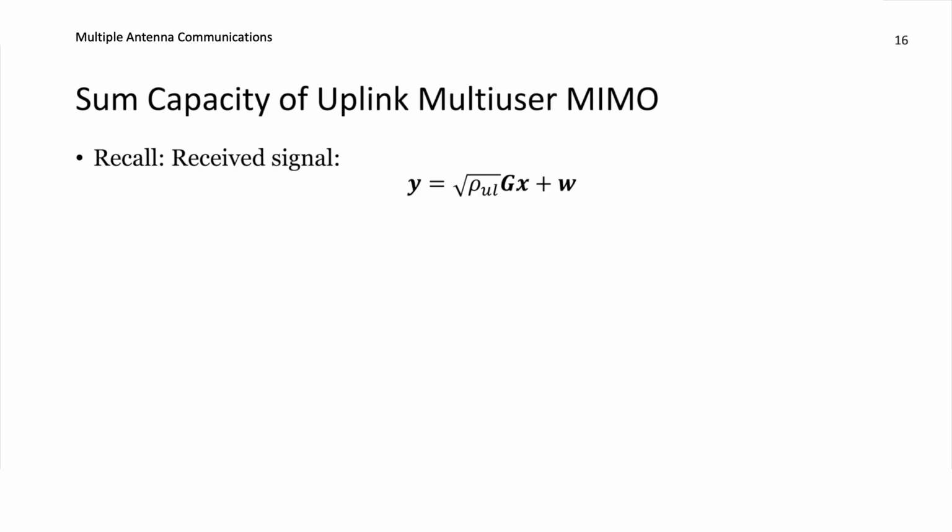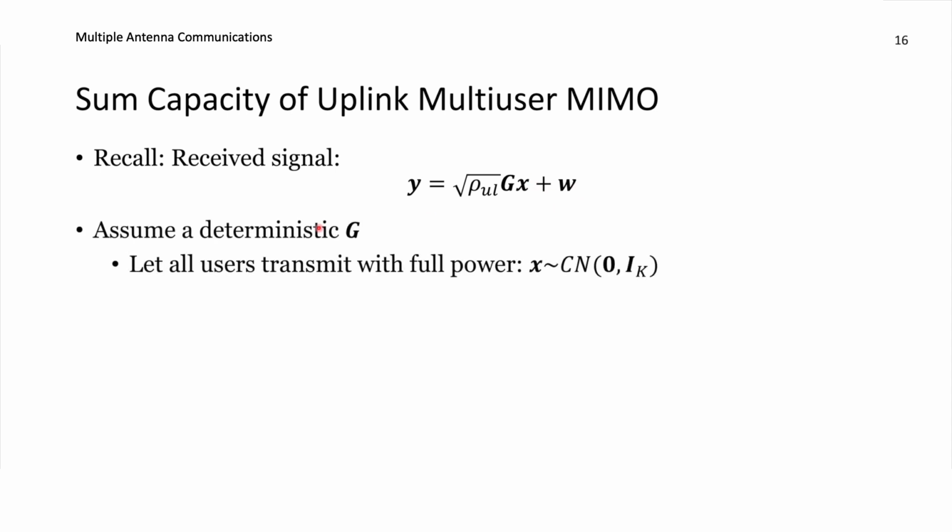So let me just wrap up with talking about the sum capacity of an uplink multi-user MIMO channel. So recall that we had this received signal, Y, which is the channel matrix G multiplied with the transmitter signal X, and then we have the SNR here and we have the noise vector. Then assume that the channel G is deterministic and fixed, so we have a non-fading channel.